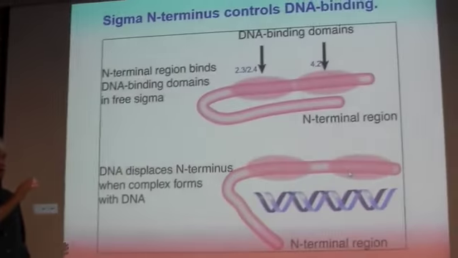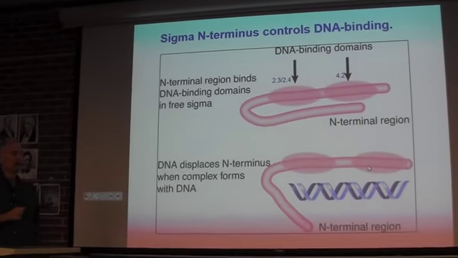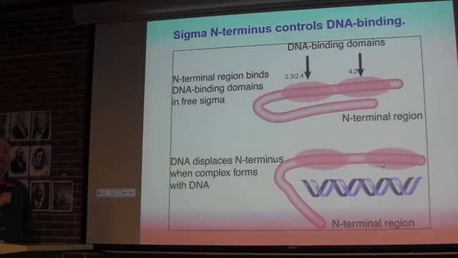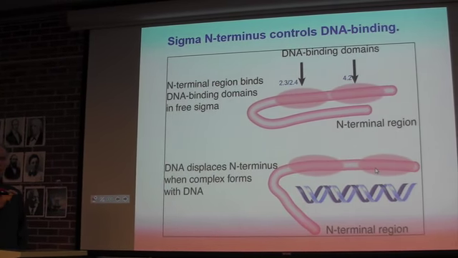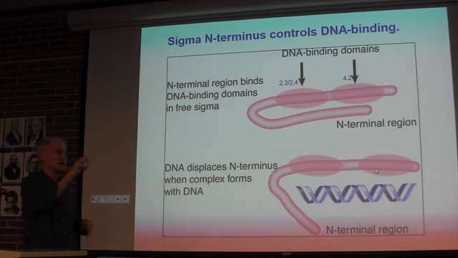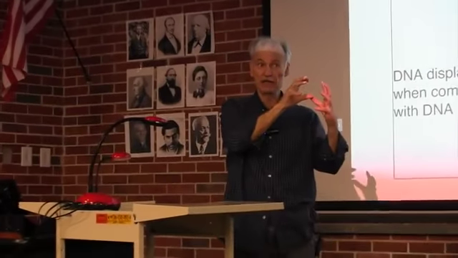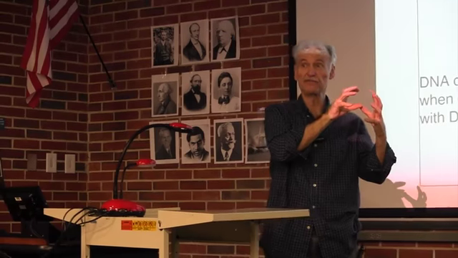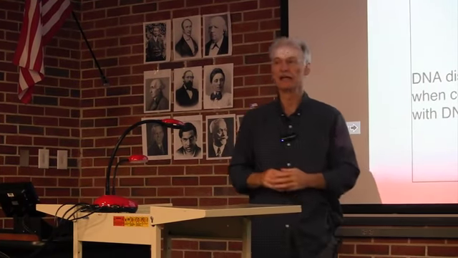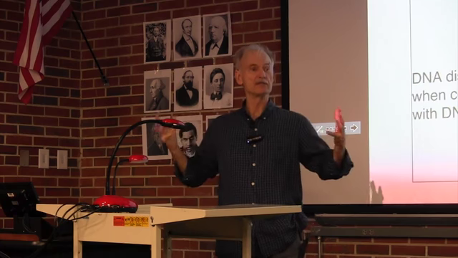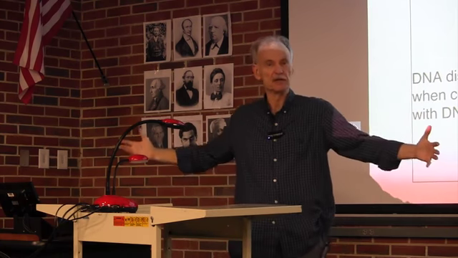Sigma 54 is, let me back up. Bacteria: the polymerase itself, when it has sigma, is able on its own to find a promoter, because sigma is the brains. In us, we have a holoenzyme, 12 subunits.